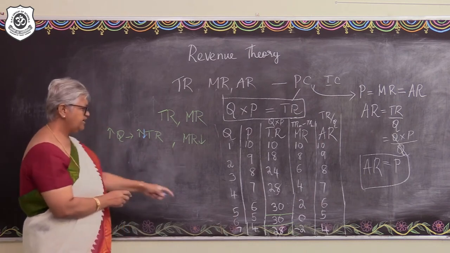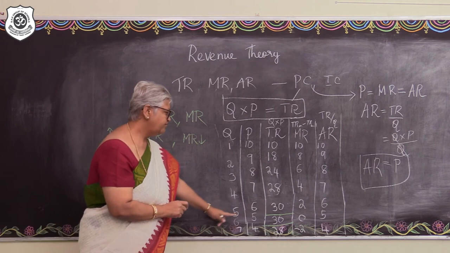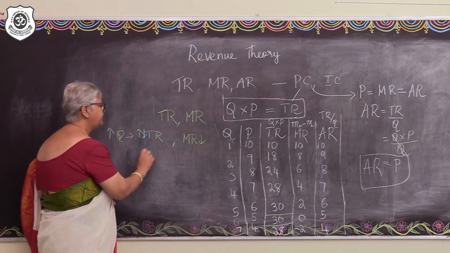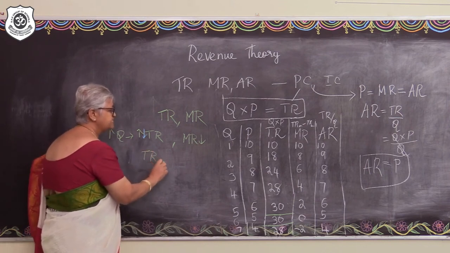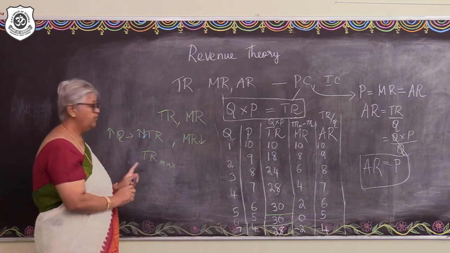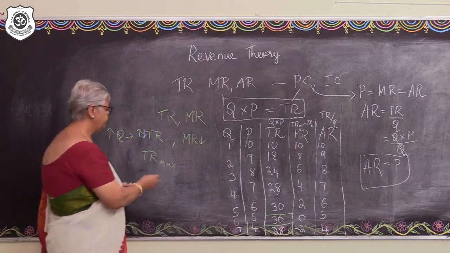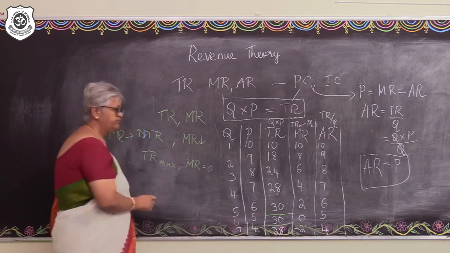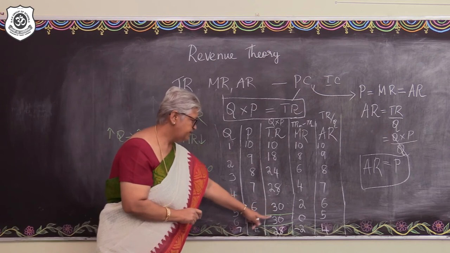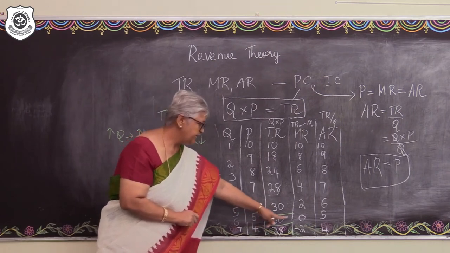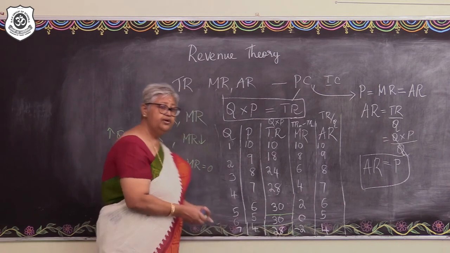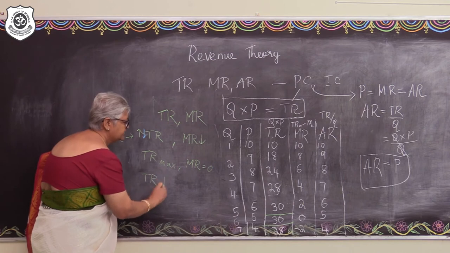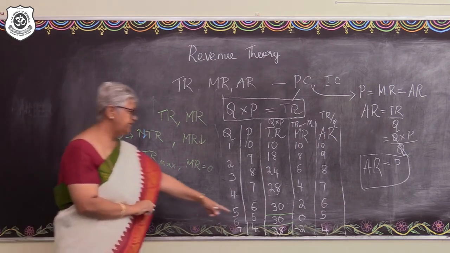Alright. Then there comes a level of sale, a particular unit of sale, wherein the total revenue becomes maximum. When the total revenue becomes maximum, the marginal revenue is equal to 0. Look at this. Here again it becomes 30 and the marginal revenue is 0. Then the total revenue starts falling after attaining maximum.